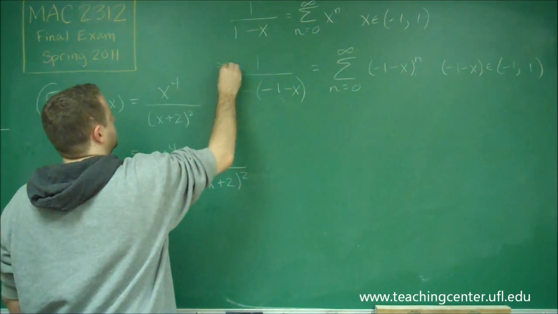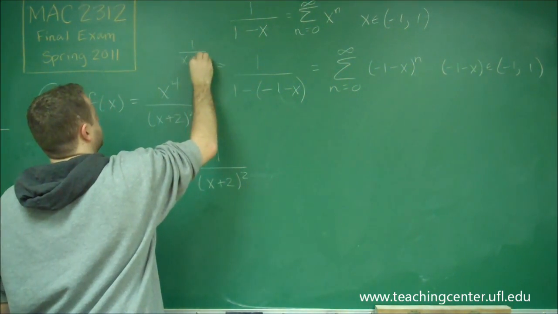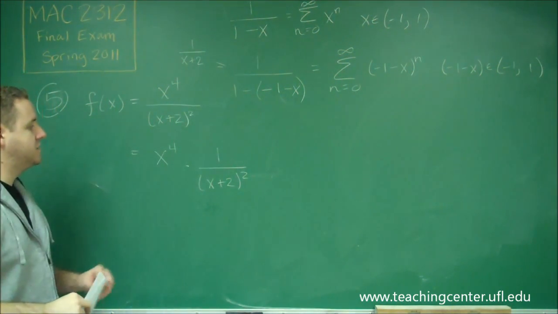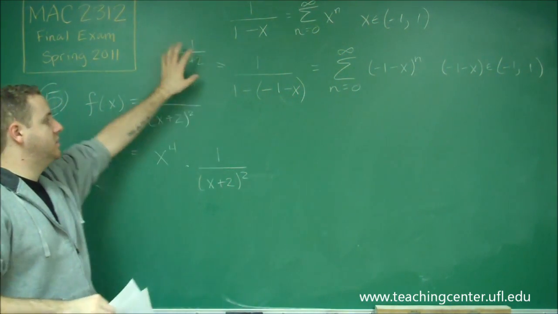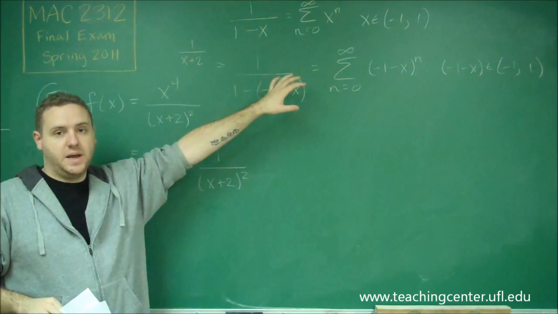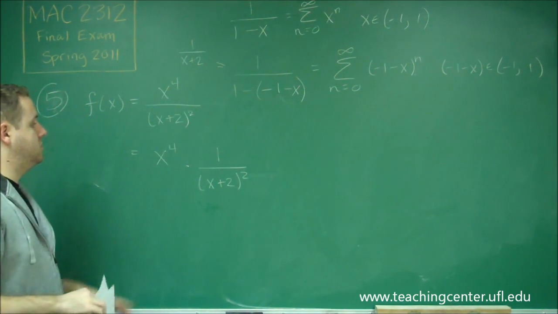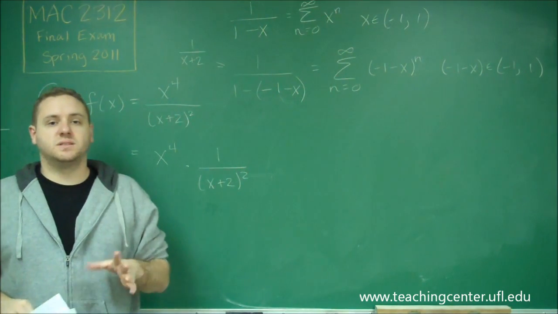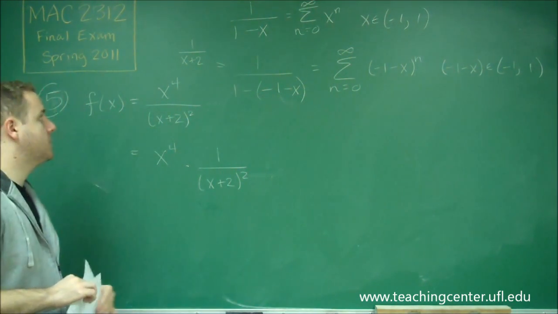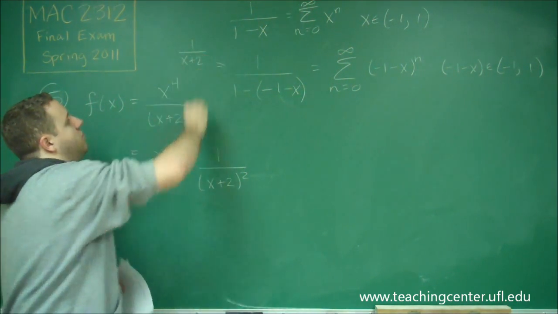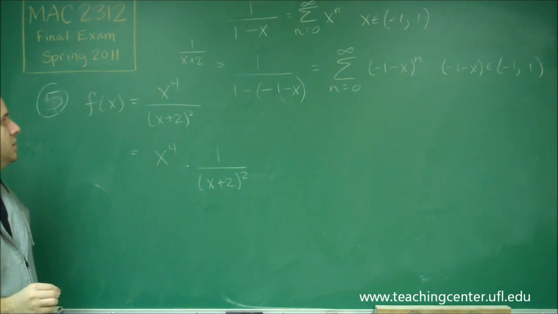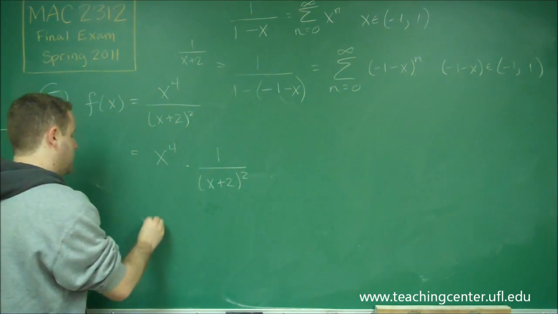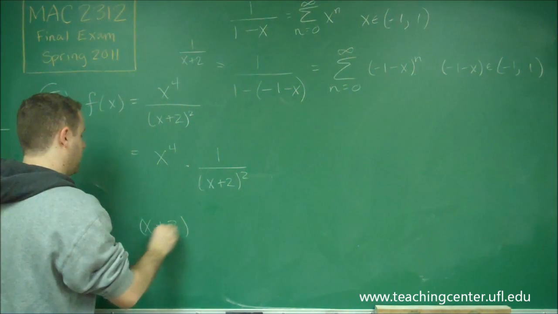Again, this is equal to 1 over x plus 2. Since we have (x plus 2) squared, we're going to need to take the derivative of that. What we need to be careful about is whether this changes the sign to positive or negative. When we take the derivative of 1 over x plus 2, let me write that as (x plus 2) to the -1.